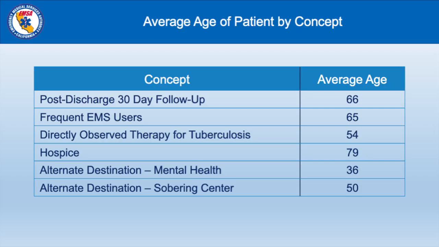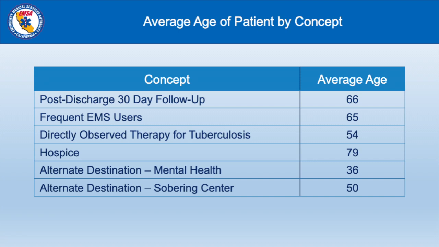So the average age of our patients, post-discharge, right at the Medicare age, 66 in the United States. Our frequent EMS users who are calling 911 more than 10 to 20 times a month were average age of about 65.